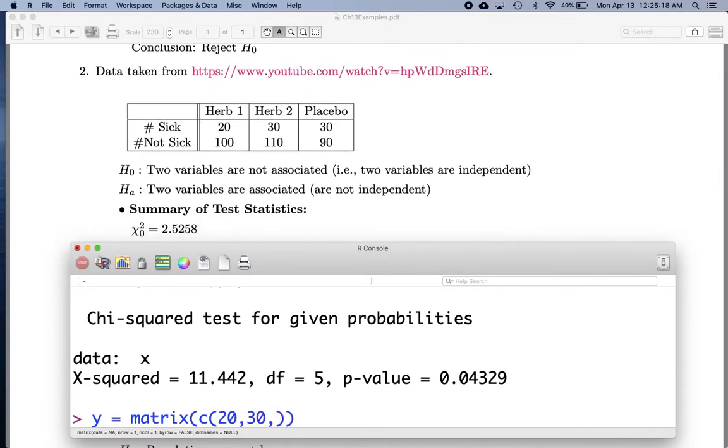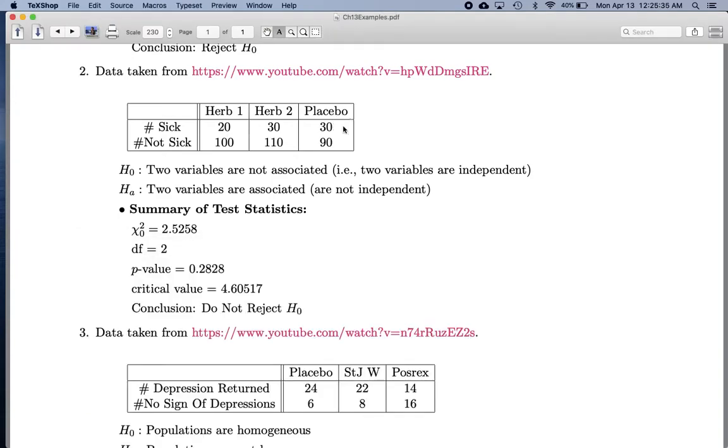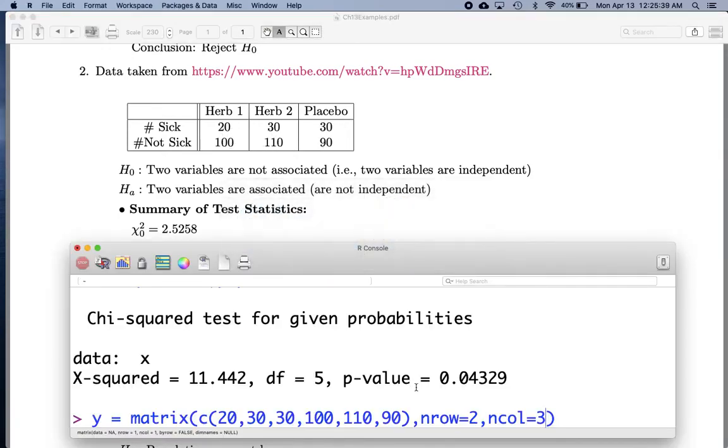It's going to be 20, 30, 30, 100, 110, and 90. There's going to be 2 rows and 3 columns. So we have 1, 2 rows and 1, 2, 3 columns.